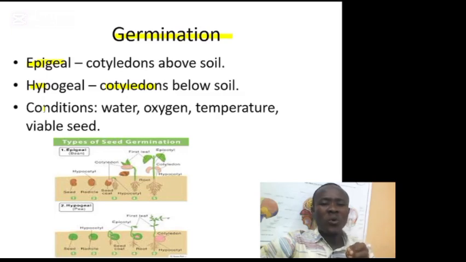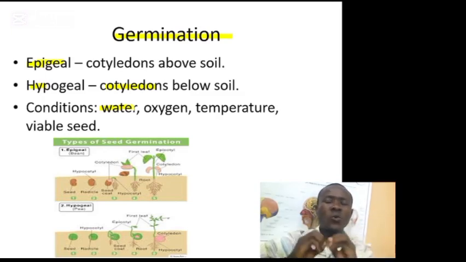So we have conditions necessary for germination. Mind you, the soil is not a condition necessary for germination. Conditions necessary for germination are water. How is this water necessary for germination? Now, for a seed to germinate, the seed coat is hard.